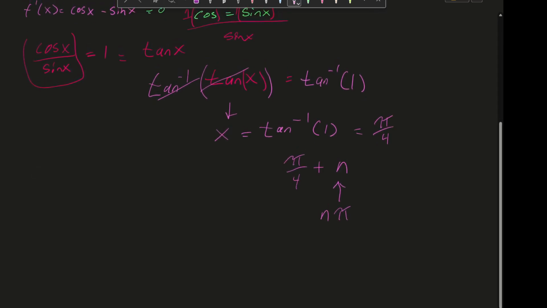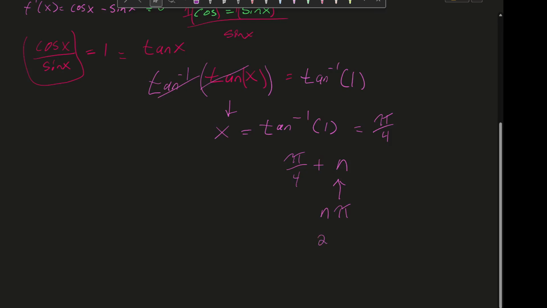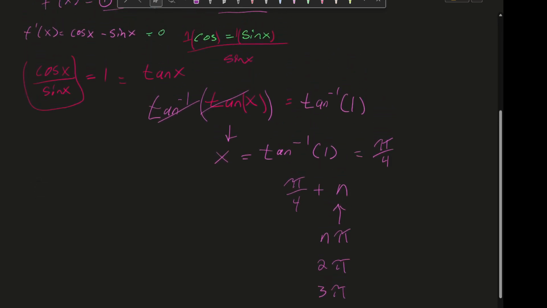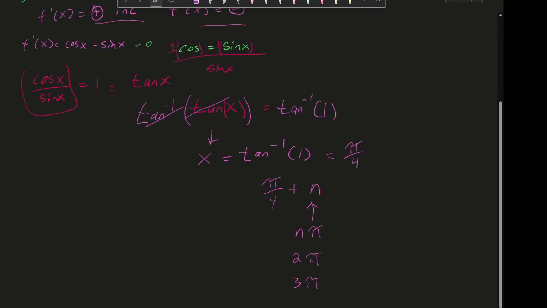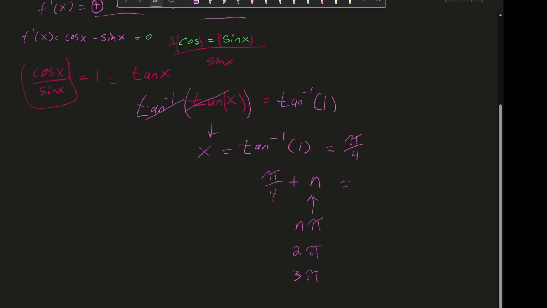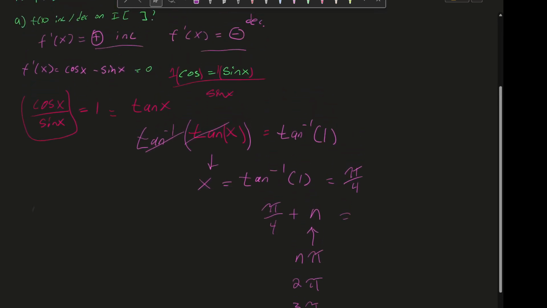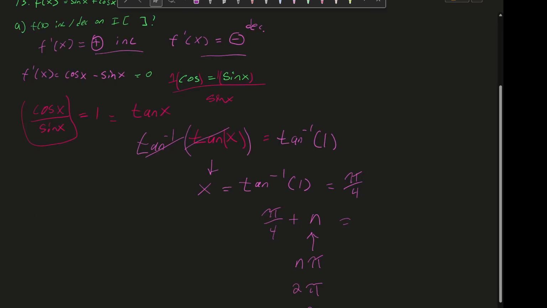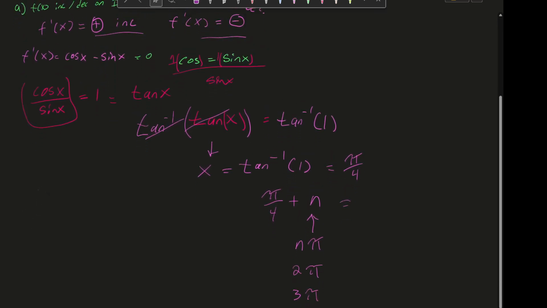So you could add 2 pi or 3 pi or just pi, 5 pi, whatever you want. But any of those is going to give you back that same reference angle, which will give you a value of pi over 4 for the tangent inverse of 1, or basically that's your tangent x equals 1.